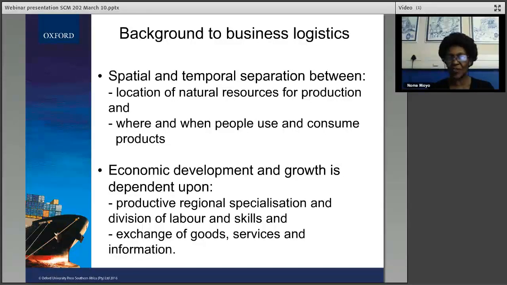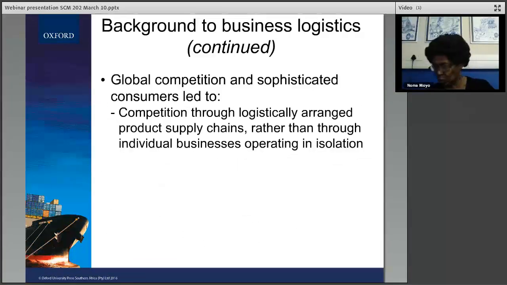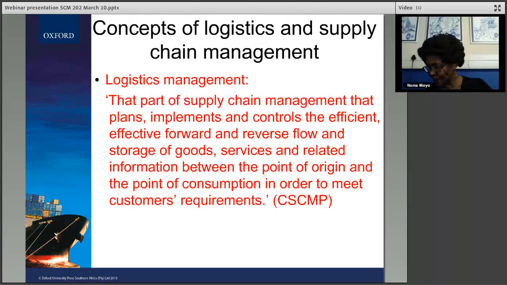It gives the background of business logistics. We know that because of the spatial and temporal separation between the location of natural resources for production, there is a need for logistics. Your question says, from your student guides, define and discuss business logistics and its activities.